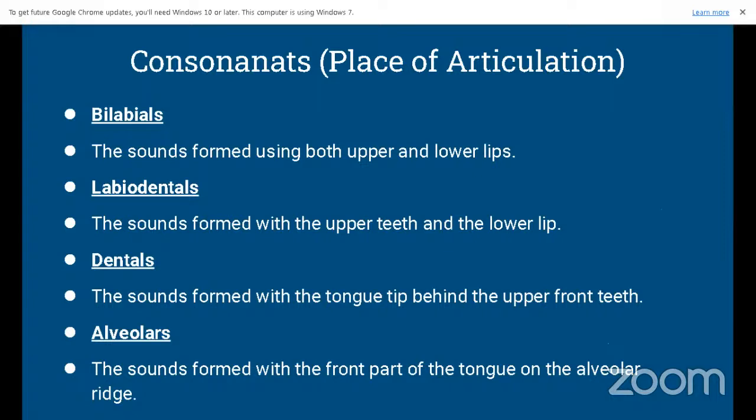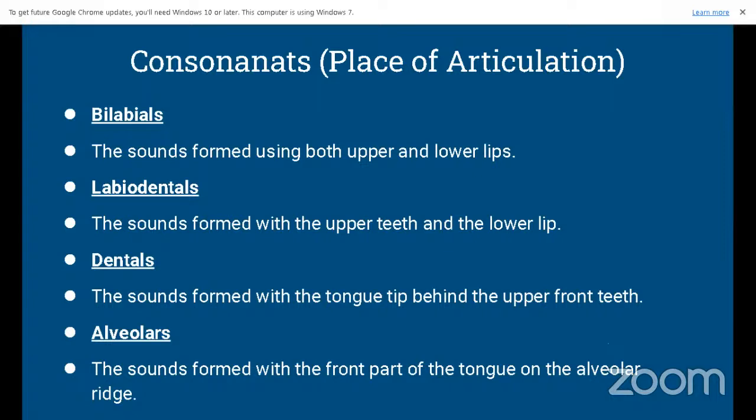The next we have alveolar. These are sounds formed with the front part of the tongue on the alveolar ridge. For example, s, z, n, l, r.